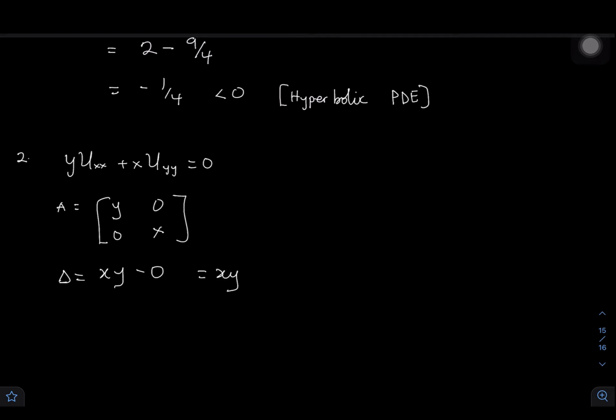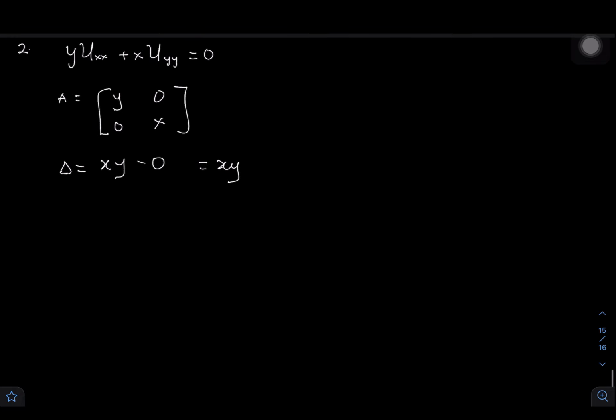In this case, I can show the regions where you're going to have an elliptic PDE, the region where you're going to have a parabolic one, and where you're going to have a hyperbolic one. So when x or y is equal to 0, you're going to have delta being equal to 0.